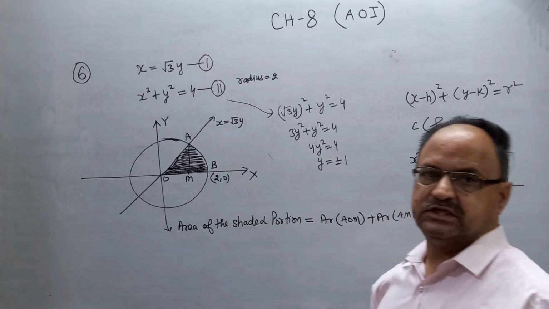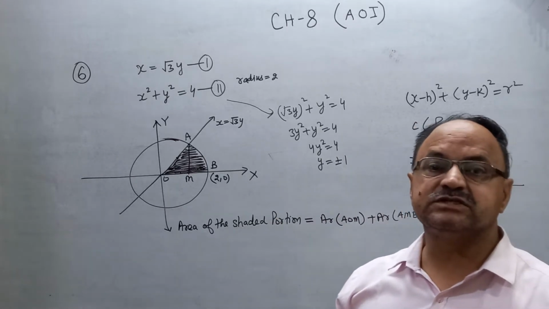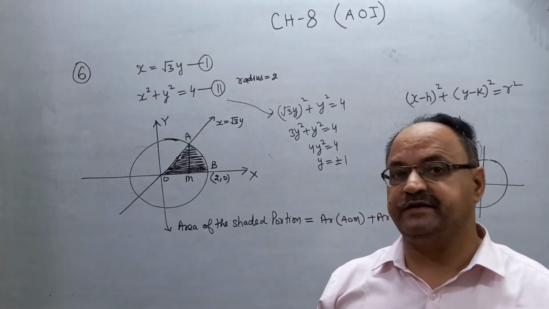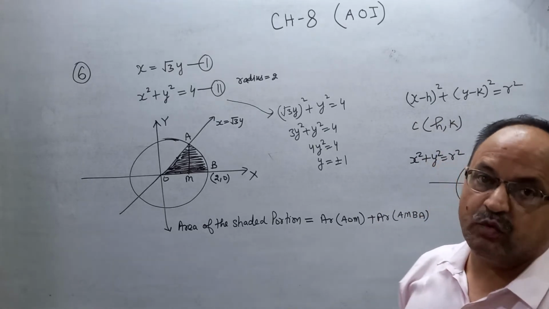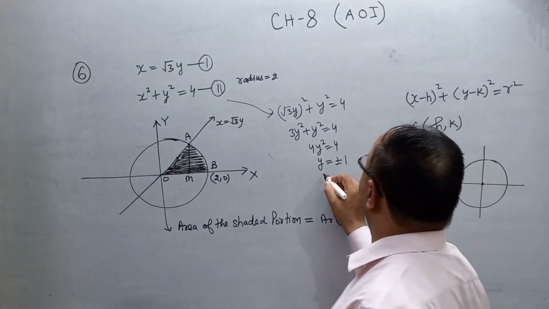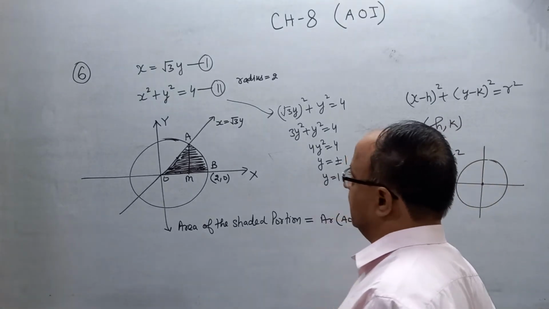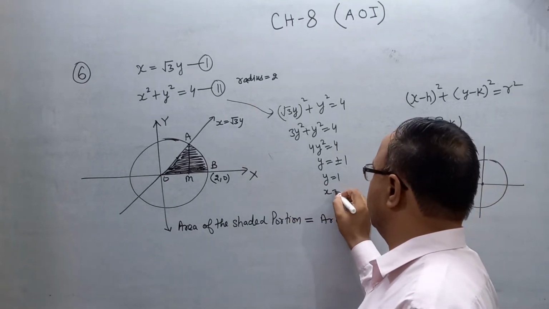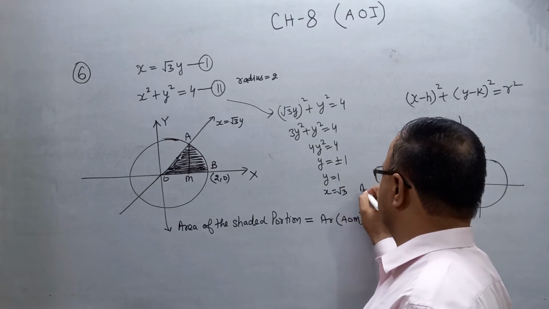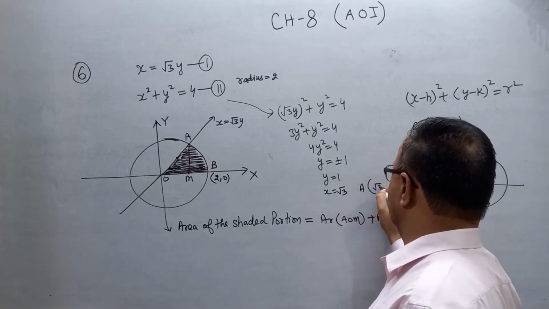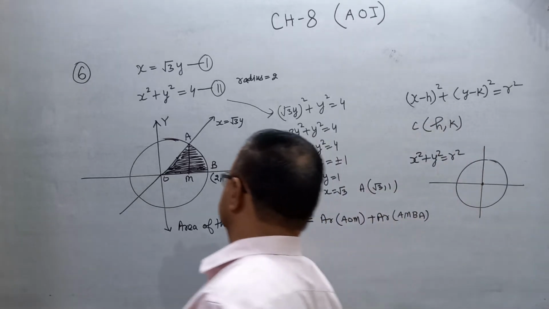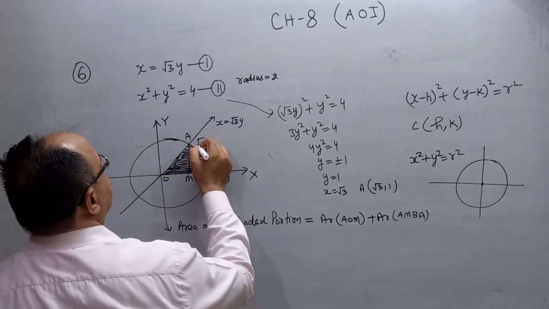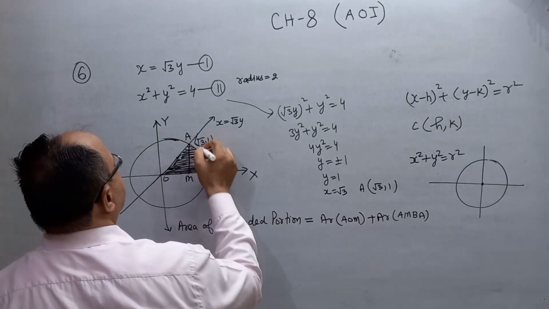But you know that point A lies in the first quadrant, and in the first quadrant both coordinates are positive. Therefore y is equal to 1 here. Now I put the value of y in equation number 1. Therefore x is equal to root 3. Therefore the coordinate of A is root 3 comma 1.